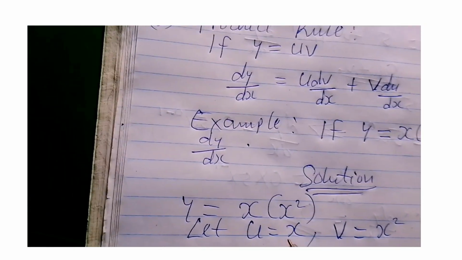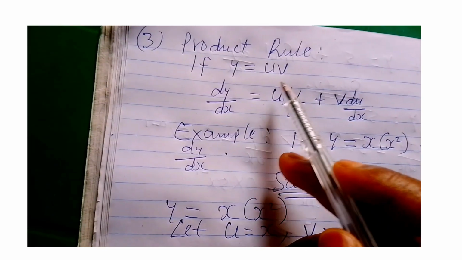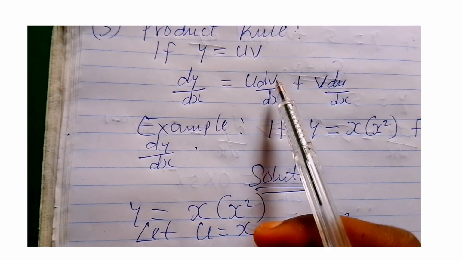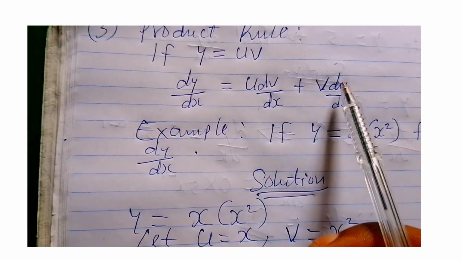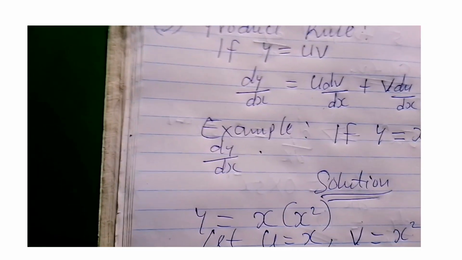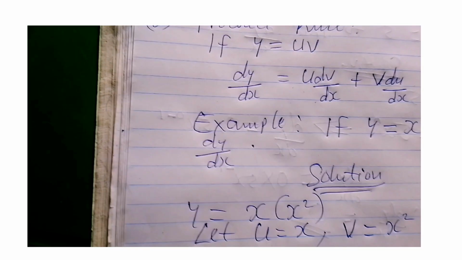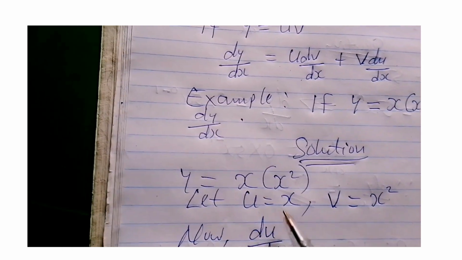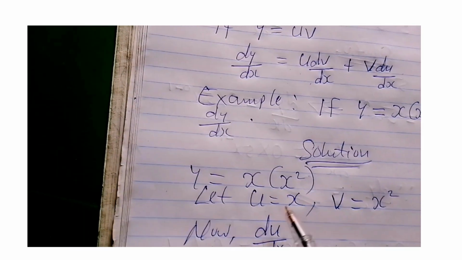That's nice. Now let's find the derivative of each of the functions. We have gotten u and we have gotten v. From this formula here, you need to find dv/dx and du/dx. Now let's look at du/dx. The du/dx here is telling us that we are deriving the function u with respect to x.